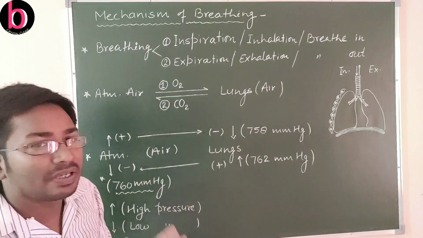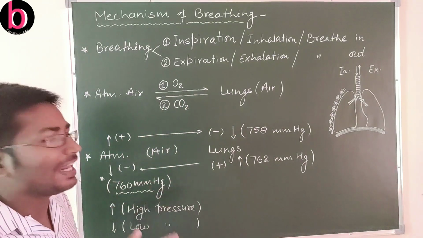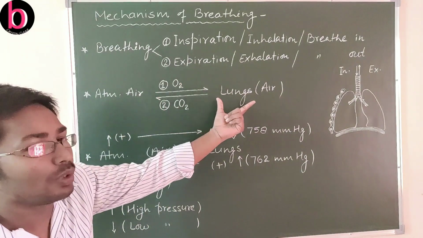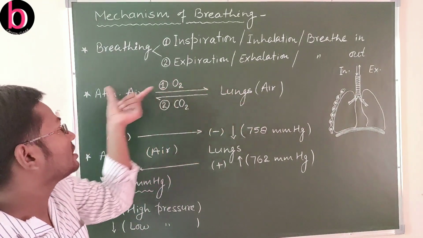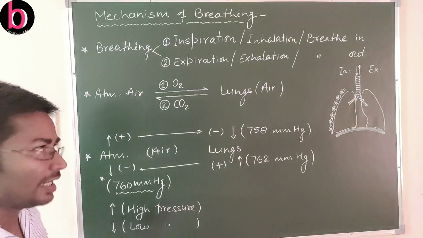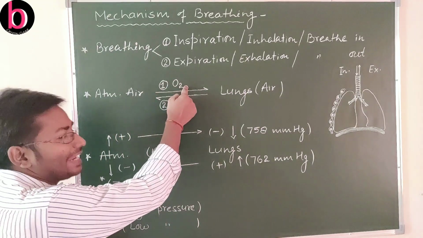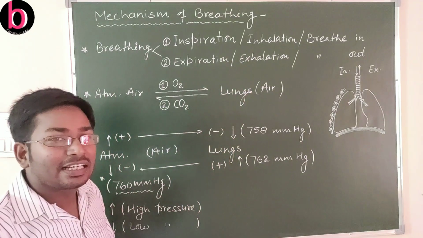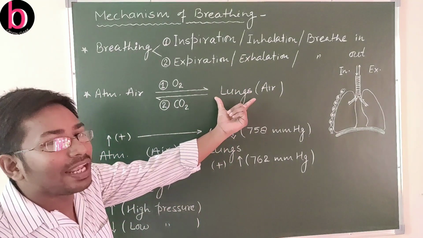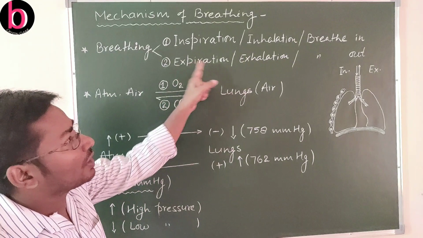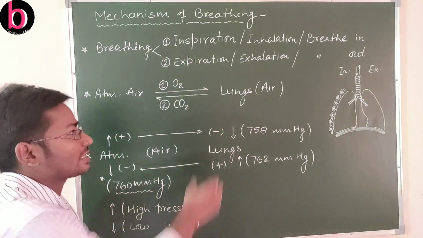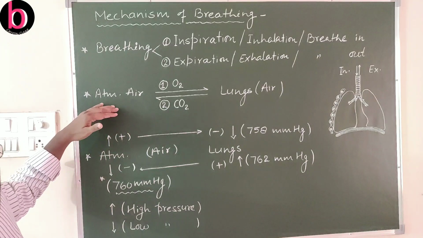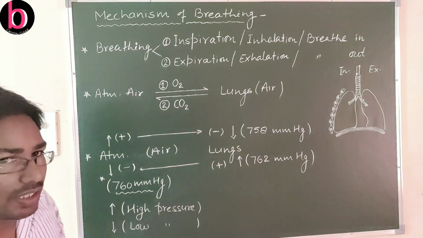Here we always have to take this in comparison: atmospheric air with respect to lungs air, and lungs air with respect to atmospheric air. So atmospheric air carries more oxygen. During inspiration this oxygen enters inside the lungs, and during expiration or exhalation, lungs air moves outside into the atmosphere.